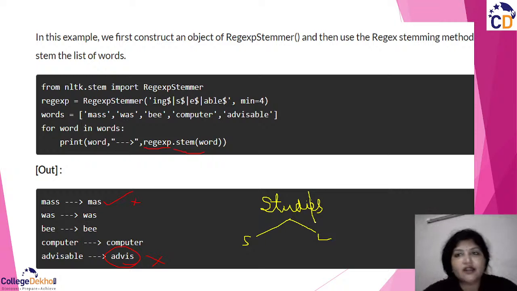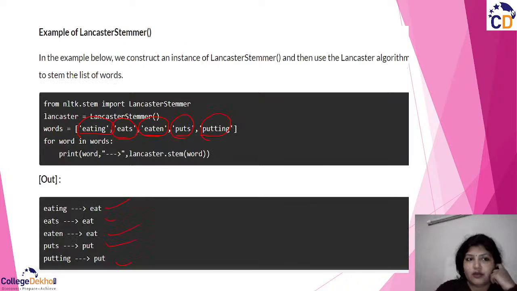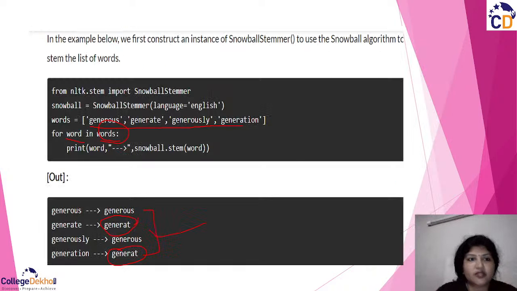I hope you have understood the types of stemmers, the different methods, and the different applications of stemming. The main thing is which library we have used for the different types of stemmers, that is NLTK. In the previous sessions I had not explained this part, so let me give you a brief note. NLTK is a library.